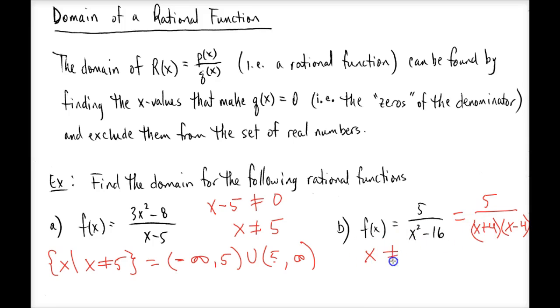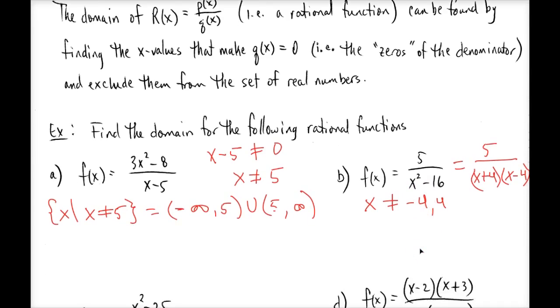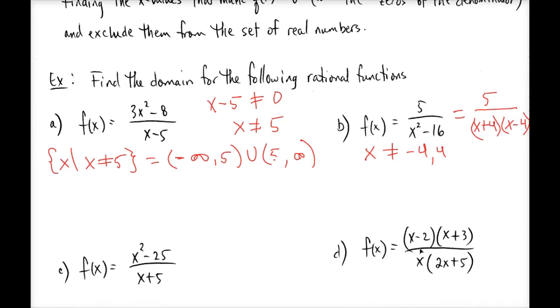So we know that we are not allowed to have values of negative 4 or 4. So in that case, we know that our domain is going to be all the x values that are not equal to negative 4 or 4. And so we'll write it this way. Hopefully I'll be able to fit it all on here.